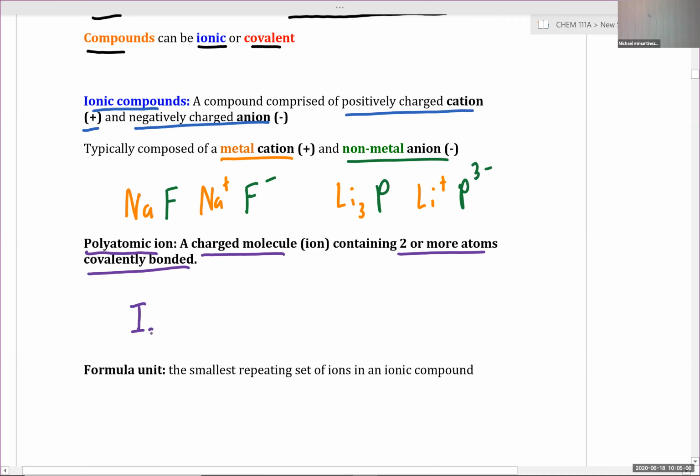For example, one polyatomic ion that we'll see later on in this class is I3-. Another example, more on the compound side of the spectrum, would be something like carbonate, where we have CO3 2-. In both cases, we have a molecule with a net overall charge.